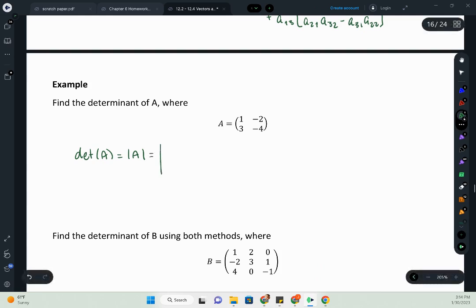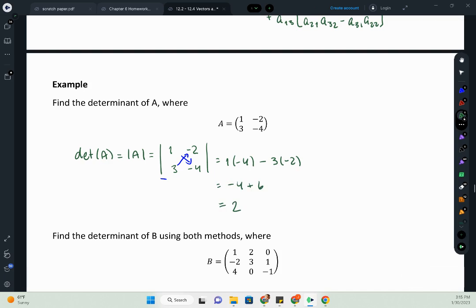And then we would write the matrix itself in those straight up and down bars and put the components in. All right, we need our diagonal product. And so that's going to give us 1 times -4 minus 3 times -2, which gives me -4 plus 6 for a total of 2.